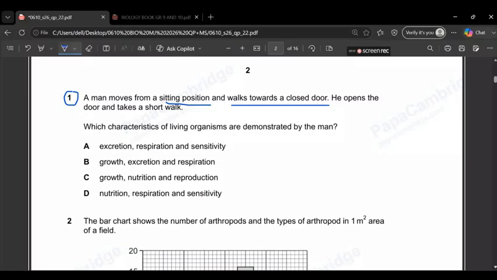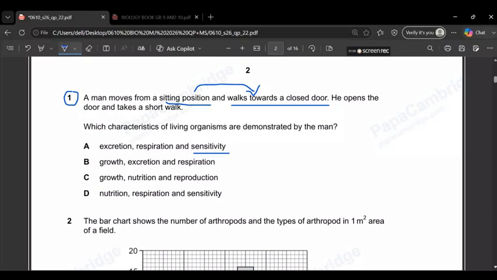So if you see, he was sitting somewhere, and then from this to this, there is a change of position according to the surroundings. Looks like we are talking about sensitivity. He opens the door and takes a short walk.